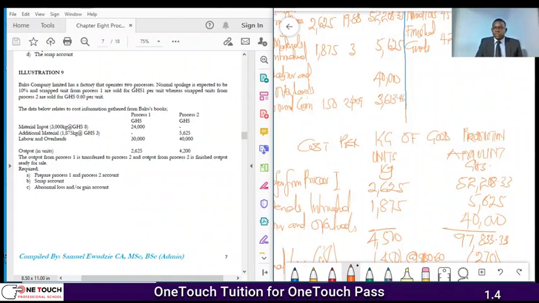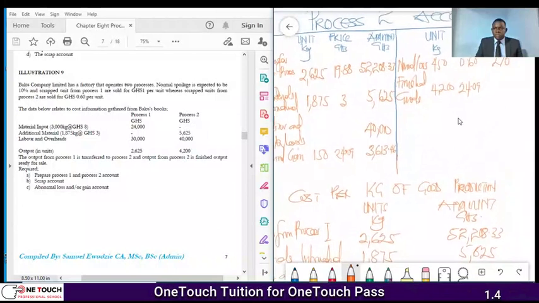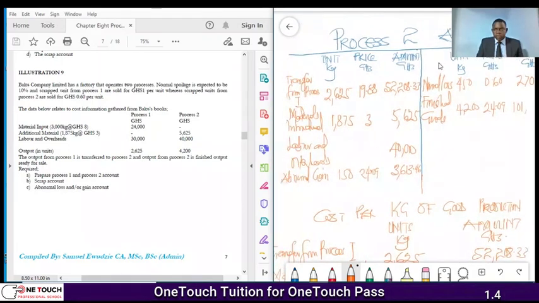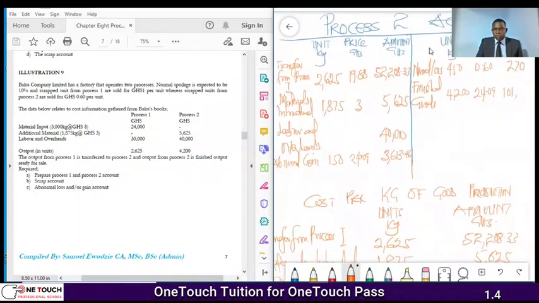Okay, good. Then 4,200 times into brackets 97,563.33 divided by 4,050, and that gives us 101,000.